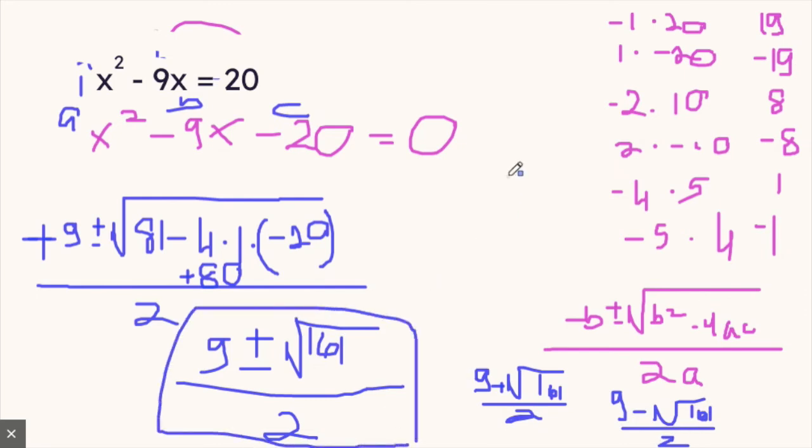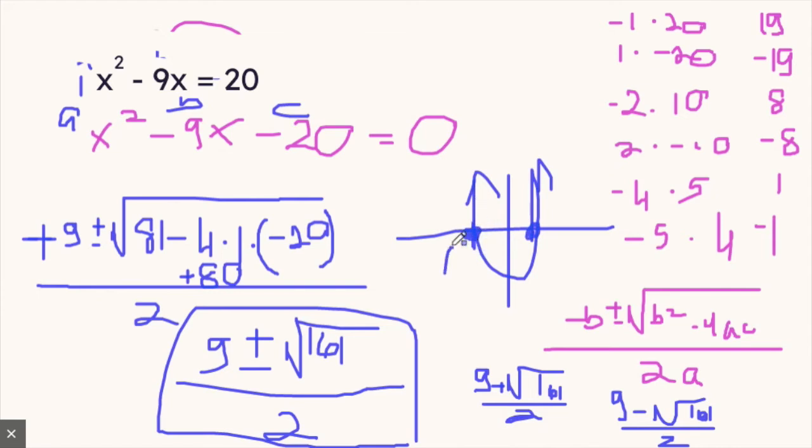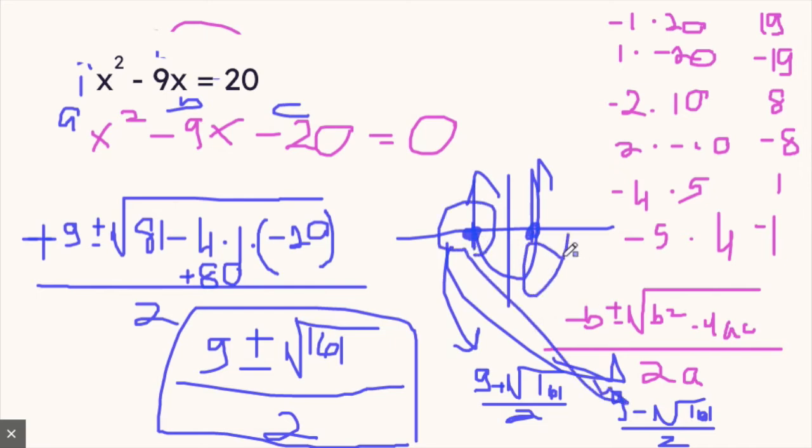And this means that if you take a grid and put our equation in, our x is going to be here and here, and this x is equal to these two. Of course, the negative one being the negative one and the positive one being the positive one.